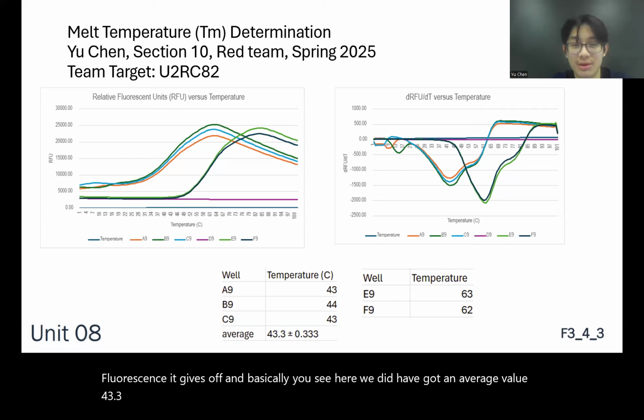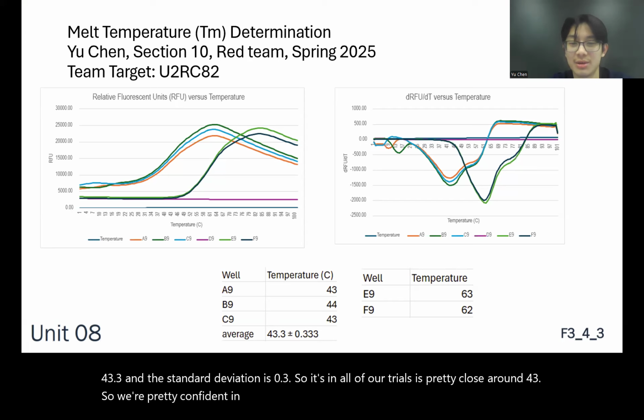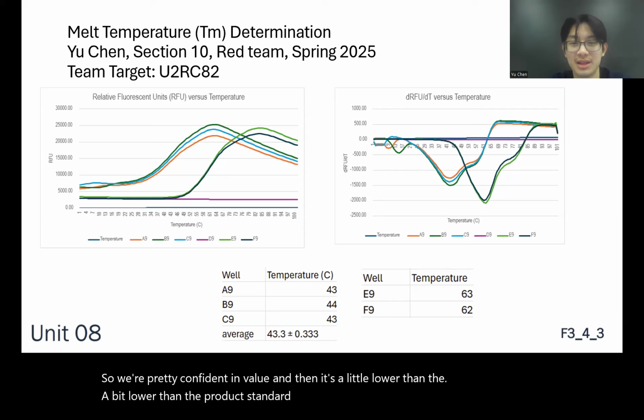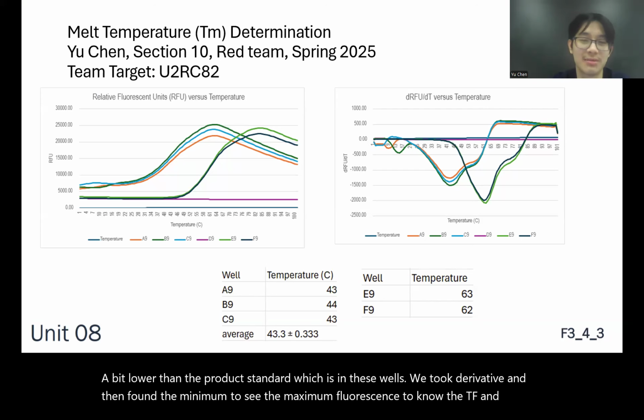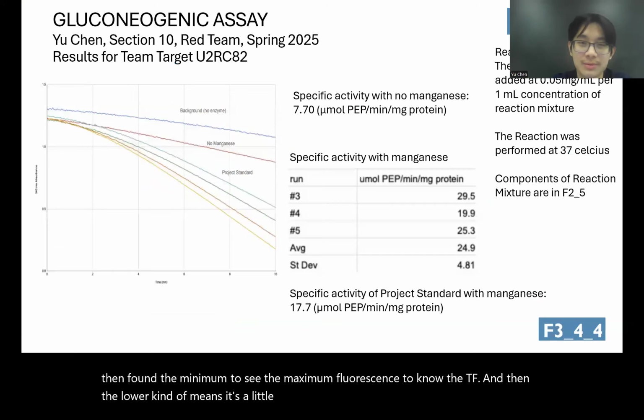So in all of our trials, it's pretty close around 43. So we're pretty confident in this value. And then it's a bit lower than the project standard. In these wells, we took the derivative and then found the minima to see the maximum fluorescence to know the TM. And the lower TM means it's a little more unstable.